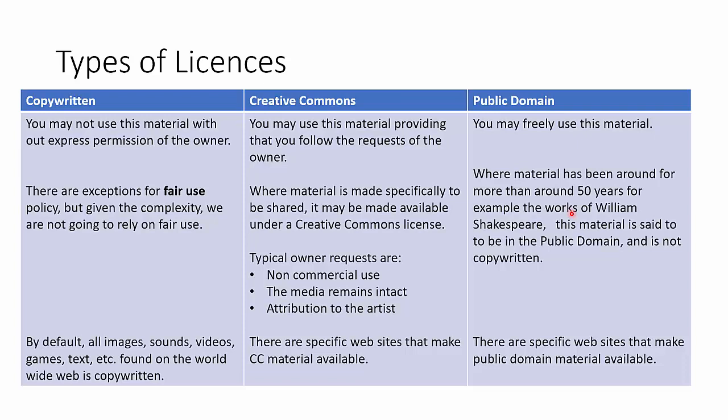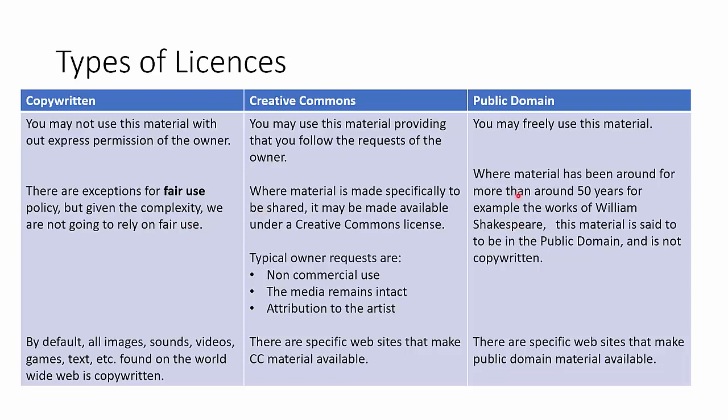Pretty soon we'll start getting computer games that are more than 50 years old. These are all said to be in the public domain, and you can use these and sell them and modify them and do whatever you like with them. There are no copyright rules associated with them. There are specific websites that make public domain material, and we'll talk about that in the next slide.